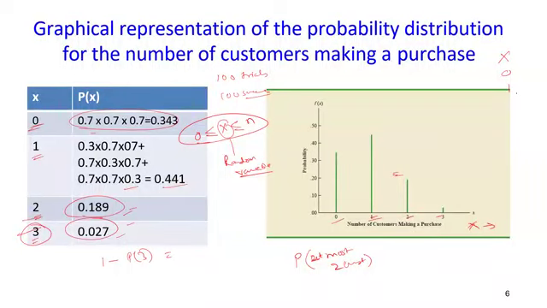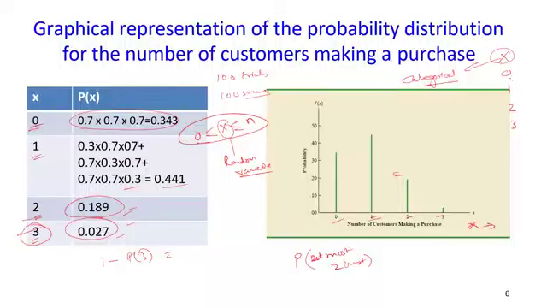Now see here, this random variable X can take what values? It can take 0, 1, 2, and 3. Can it take any other number apart from these 4 values, guys? No, right? So can I call this variable a categorical variable? Yes, because it can take only these 4 values.